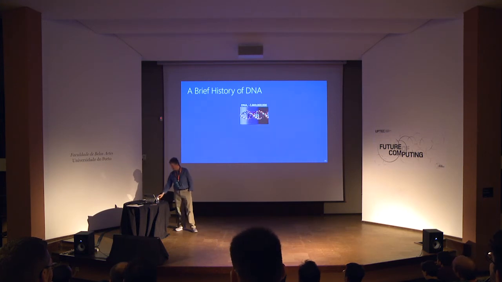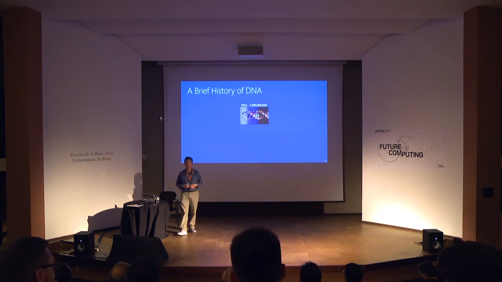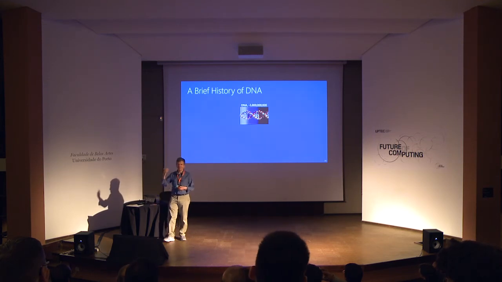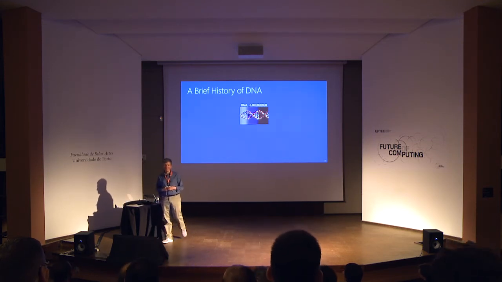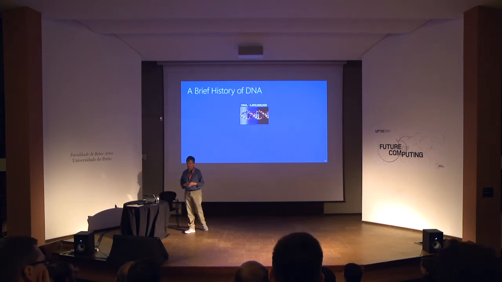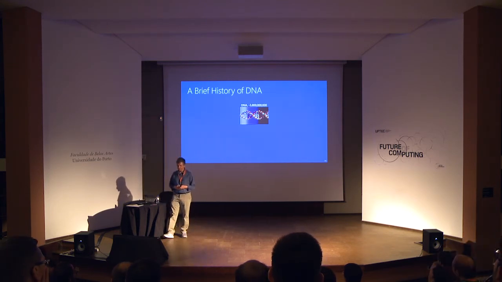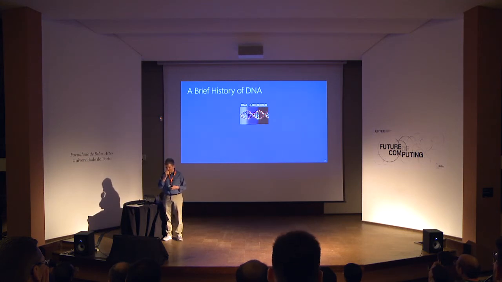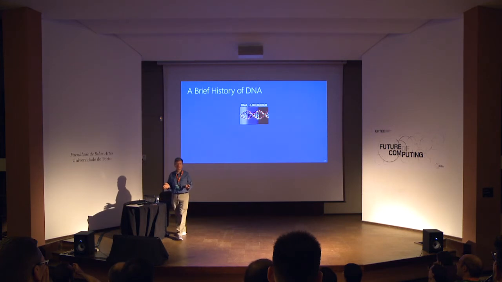There was this discussion, when did computing start? So I will go a little bit further back. DNA was invented 3.8 billion years ago. And as far as we know, that only happened once.